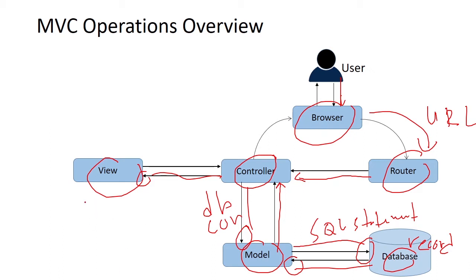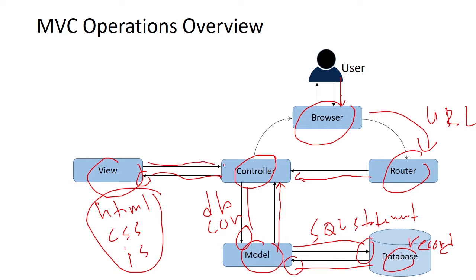For the sake of display, the controller needs to contact the view. Inside the view, there will be elements such as HTML, CSS and also JavaScript. The usage of all these elements is to help the controller display the required records that have been collected by the model. So all information about the view elements will be sent back to the controller.